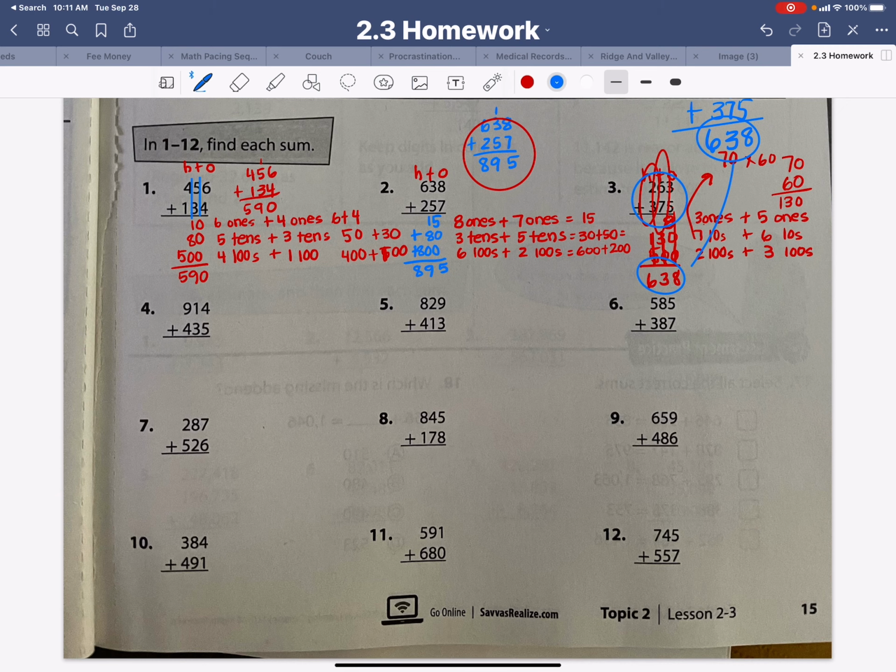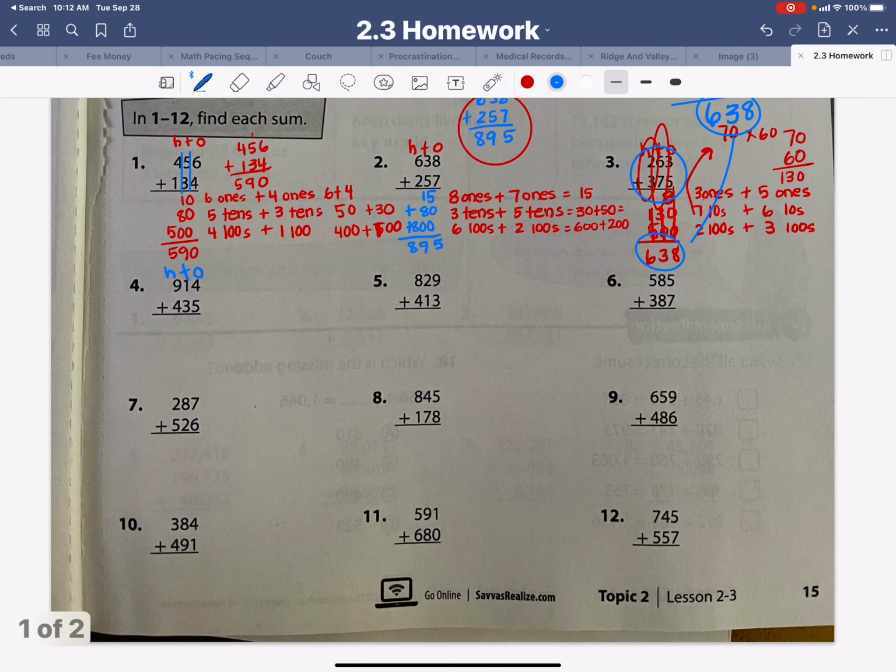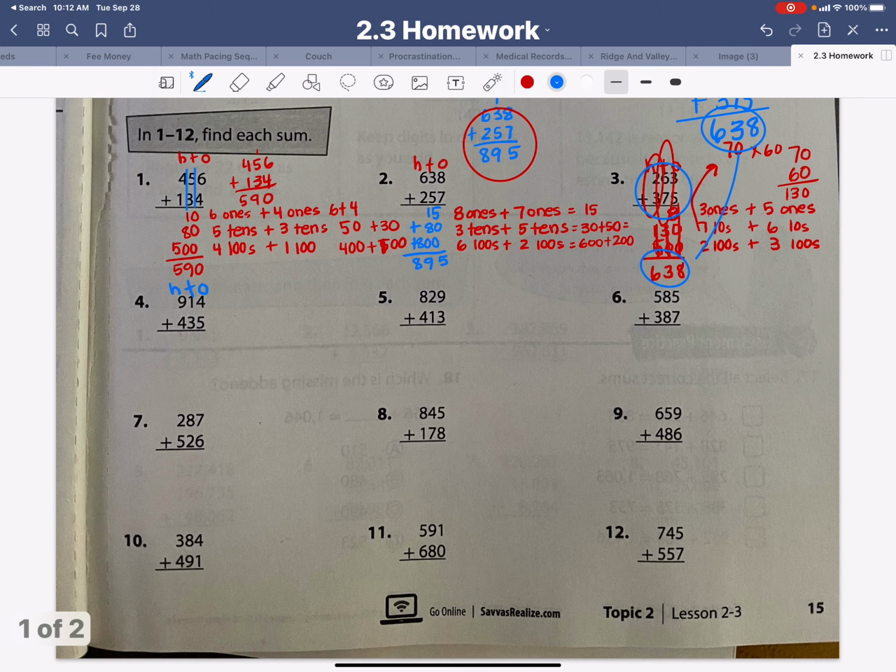Now I'm going to use a different color down here so we don't get mixed up. All right, so here we're going to label our ones, tens, and hundreds. All right, so we have to add 5 ones plus 4 ones, equals 9.